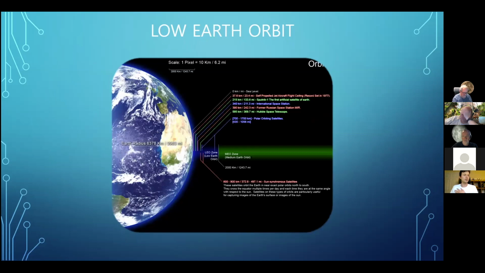If we then zoom in, this is the blue portion that we saw in the previous diagram with a few annotations. It goes from 0, let's say, but we can call it a bit higher, 0 up to 1,500 to 2,000 kilometers above sea level.